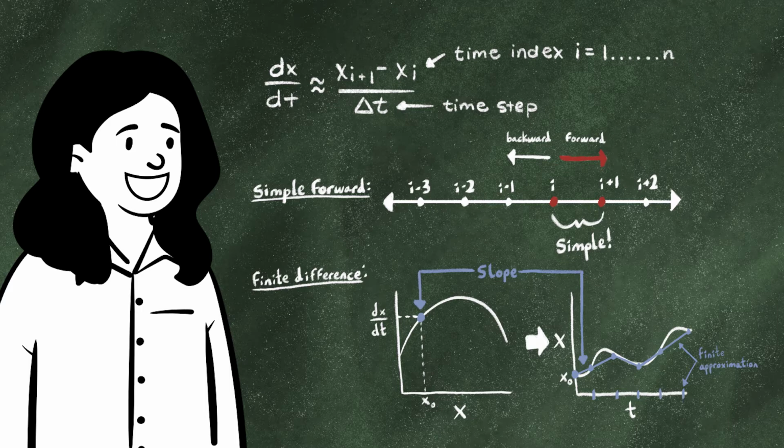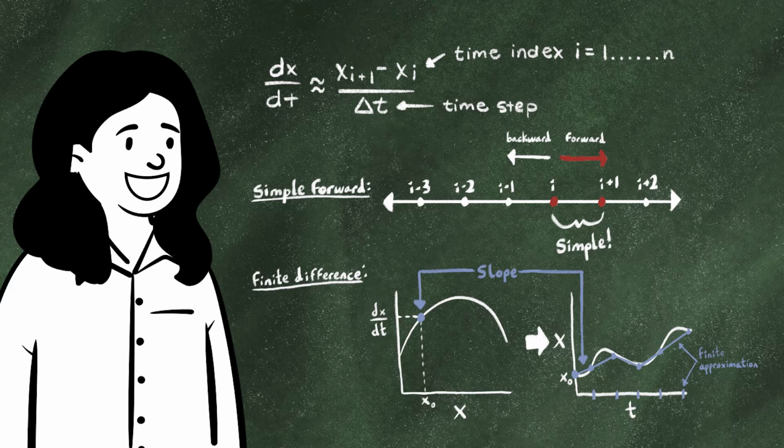Here, i is going to indicate the index of the time point we are at, and delta t is a time step which we actually get to choose. If you think about it, this equation makes sense because the derivative is just the change in the variable, so dx, over the change in time, dt, and we are just using an approximation of these aspects to basically turn a calculus problem into algebra.